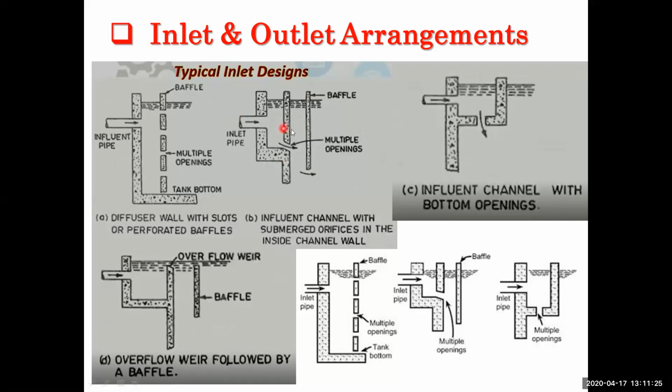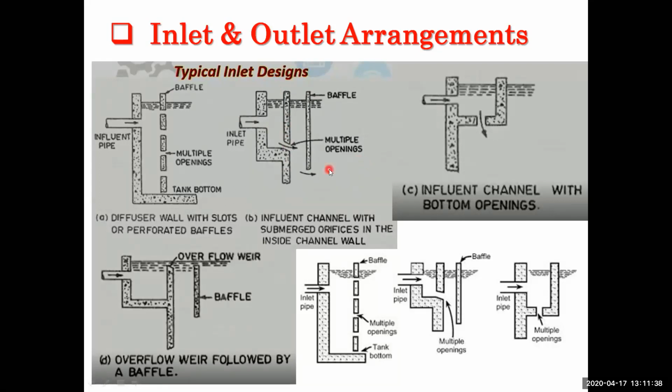The water will be coming here. Some portion of water will overflow and get through this baffle wall, and some portion will be carried out in this section, in order to reduce the turbulence and the velocity. This is also one type of inlet.